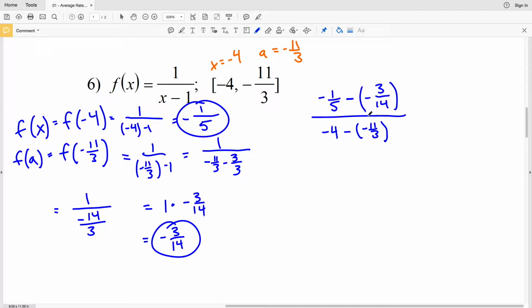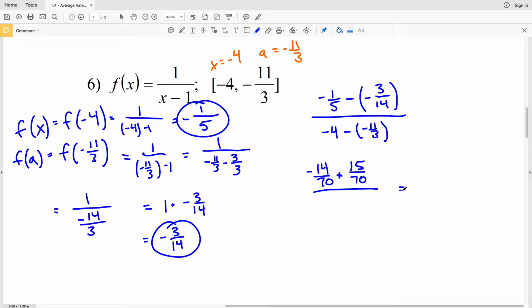Now my common denominator within my numerator, 5 and 14, will be 70. So multiply my first fraction by 14 over 14, I'll get -14 over 70, and then subtracting -3/14, I'll be adding a positive, and I'll be multiplying that by 5 over 5, which will be 15 over 70.